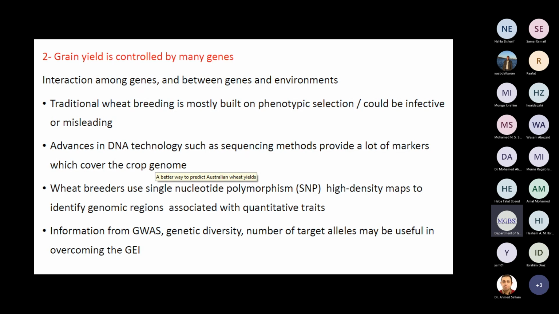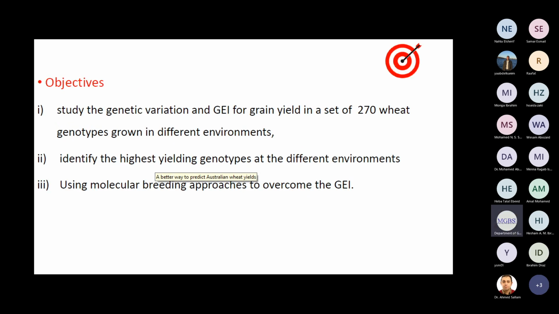So here in this talk, we used the combination of all genetic analyses, like genome-wide association mapping. We incorporate genetic diversity, we incorporate the number of genes in each genotype. So the main objectives of our research is to study first the genetic variation and genotype environment interaction for grain yield in a set of 270 genotypes, which is a very large number.